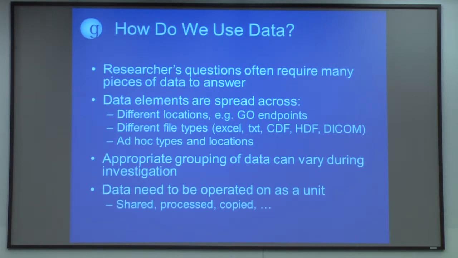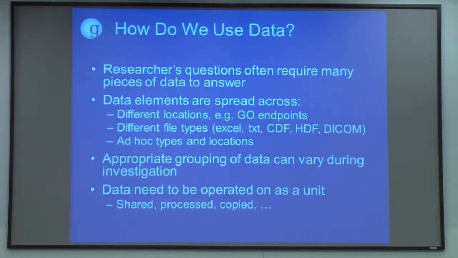Or maybe we want to do some cross-cutting image analysis, in which case we just want the imaging files across all the individuals. So we're going to want to be able to restructure, reorganize the data as we go, depending on what we're doing. And so one corollary that comes from this is what would be really convenient and helpful as we're interacting with our data, to discover new things, to do research, is not to think of it in its elemental units.